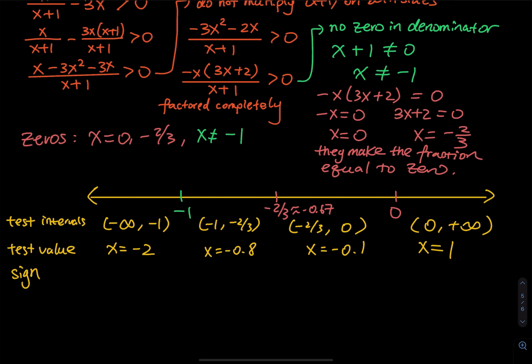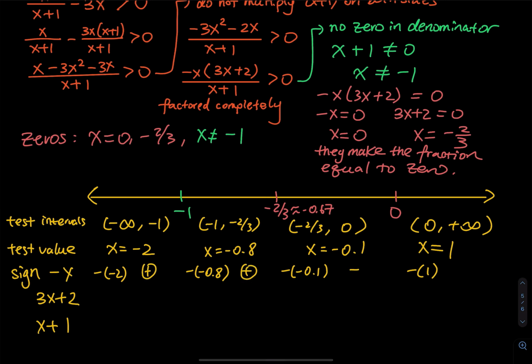So we have to see the sign of negative x, and then also 3x plus 2 and x plus 1. So this will be negative 2, negative 0.8, negative 0.1, negative 1. So this is definitely positive, positive, positive, positive.